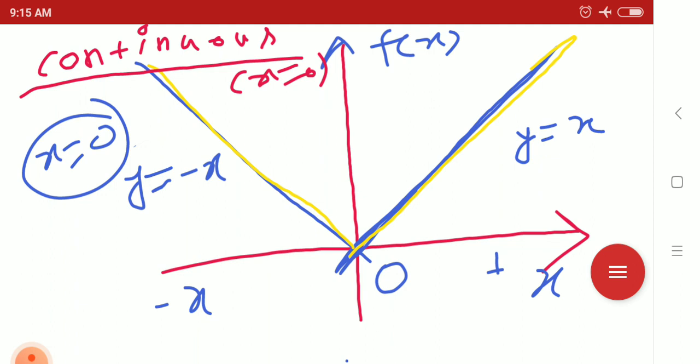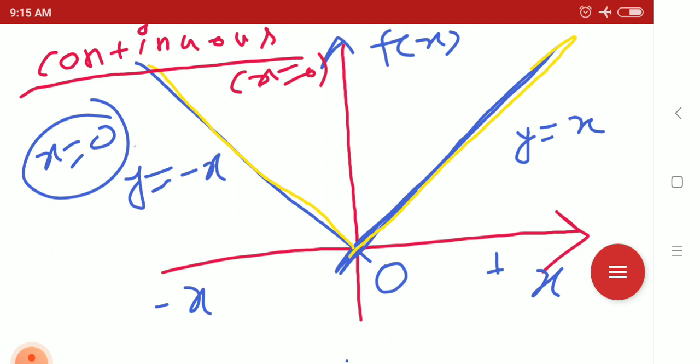What we saw in the last video is that whenever continuity exists, differentiability may or may not exist, because we are not fully sure that a continuous function is 100% differentiable.